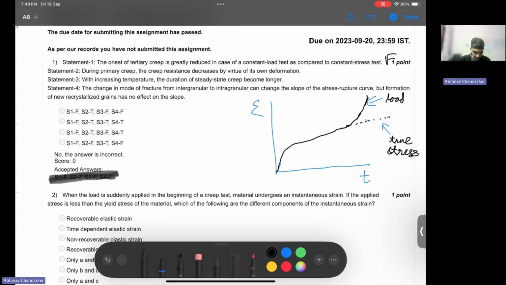I'm not sure about this. During primary creep, creep resistance is increasing in a sense, because strain rate is decreasing. But that is because work hardening is taking place. So it should actually be false as per my understanding, because if work hardening is increasing, the creep resistance is actually increasing during primary creep.